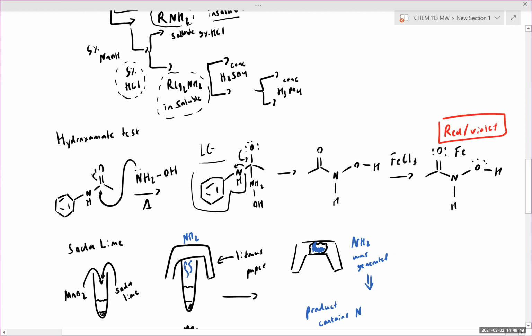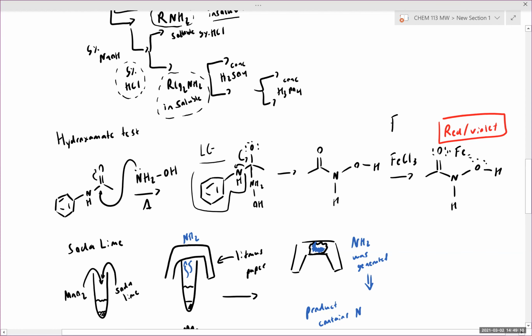This results in a carbonyl substitution reaction where we replace our leaving group aniline with this hydroxylamine. This generates a hydroxamate, and this hydroxamate has a very unique property in that it can readily coordinate iron.